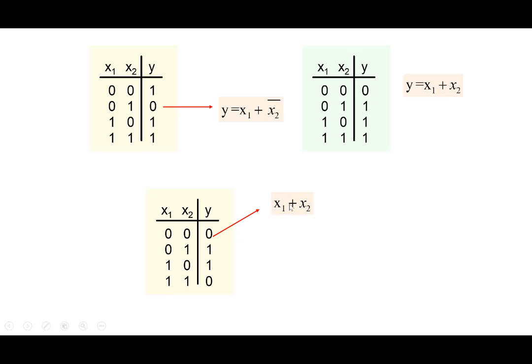This term is x1 plus x2, this term is x1 bar plus x2 bar, and the total y is written as (x1 plus x2) dot (x1 bar plus x2 bar). Note that y will be 0 when this term is 0 and also when this term is 0 here. Any term that is 0, y will become 0.